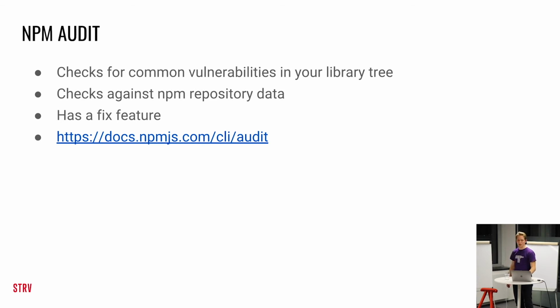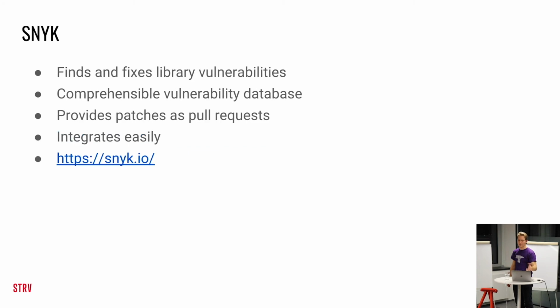Otherwise, it's mainly to stay on top of your game and know where your issues are. So this is npm audit. It's good for educating developers, as it's integrated in npm and tells you right away.